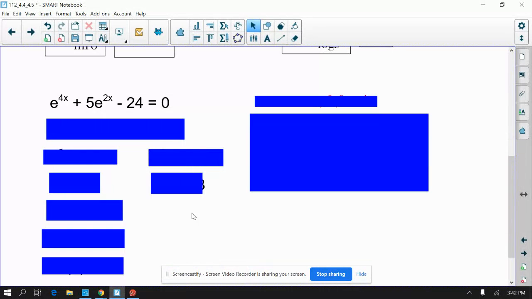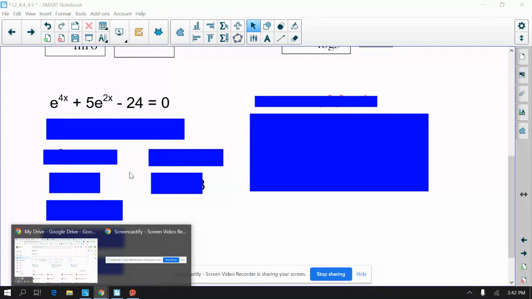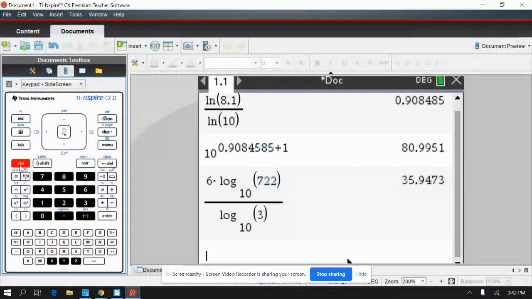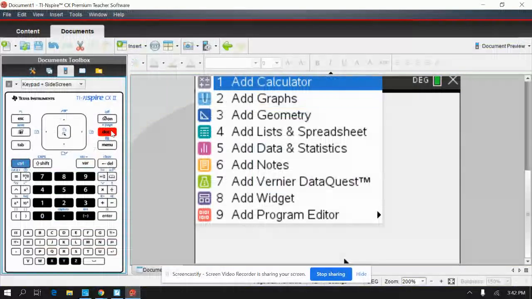Now this one looks very, very challenging. It almost seems impossible. First of all, realize that we always have the graphs. We could just graph this. Let's see.